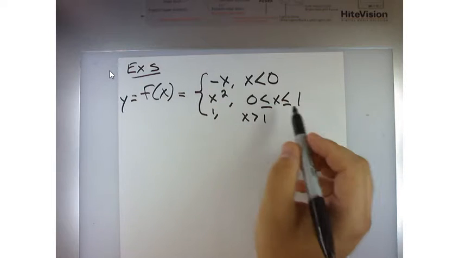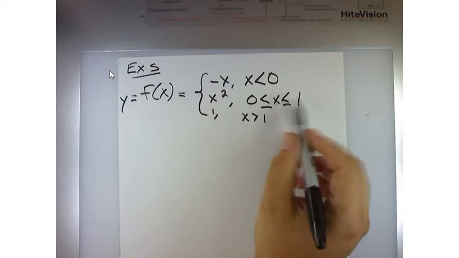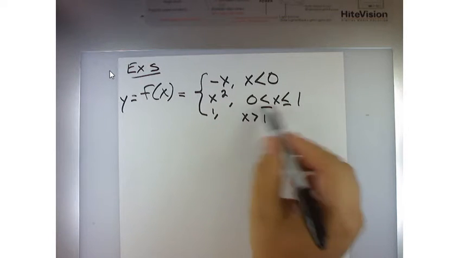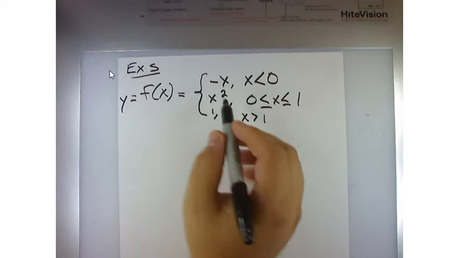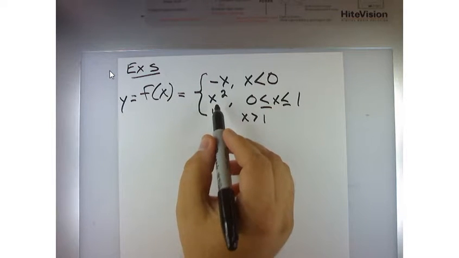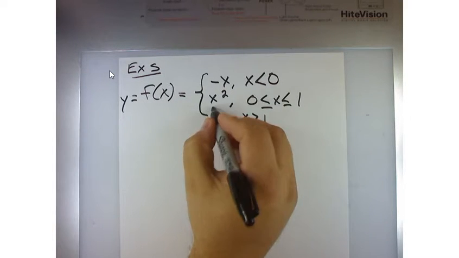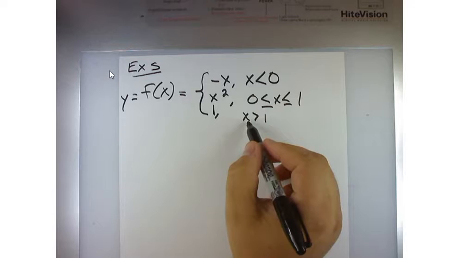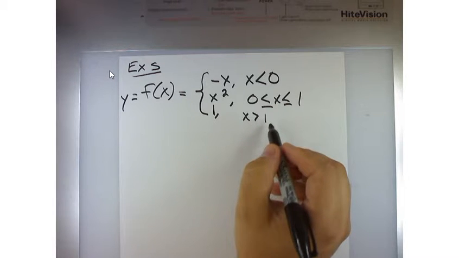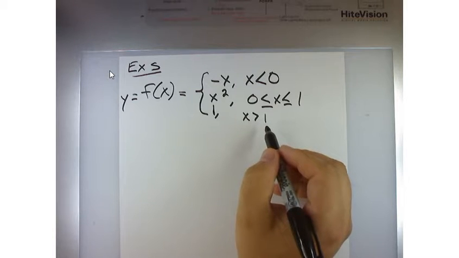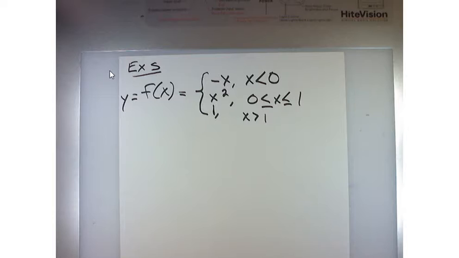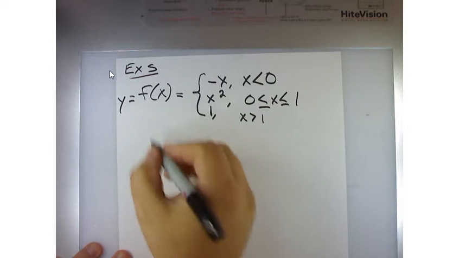For any value of x between 0 and 1, including 0 and 1, we would consider the mathematical relationship of x squared. For any value of x greater than 1, we would consider the mathematical relationship, which really isn't a relationship, it's just 1. Okay?